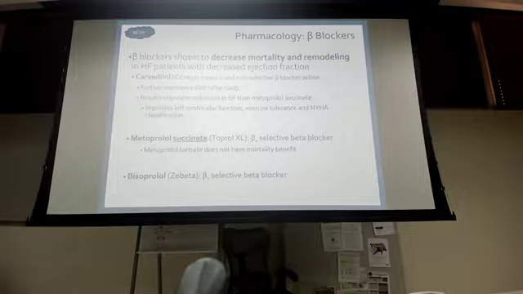Atenolol and metoprolol tartrate don't have the same long-term effect. Others may, but they haven't been studied. It's not in the recommended literature. So just know those 3: CMB, carvedilol, metoprolol, bisoprolol. HFrEF beta blocker, CMB.